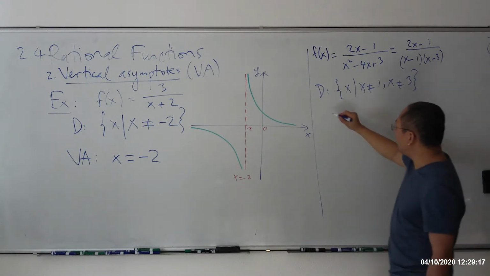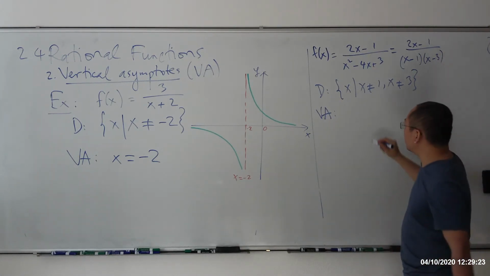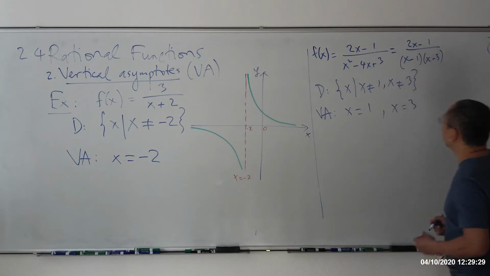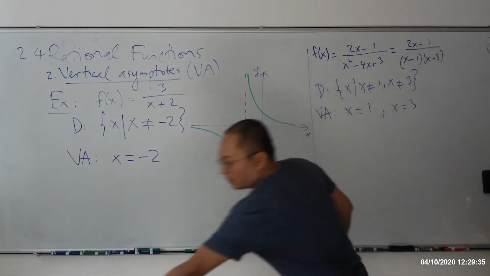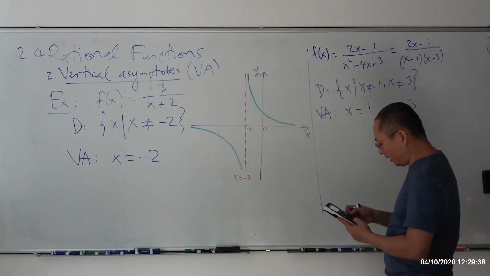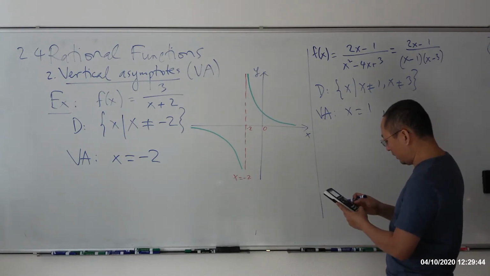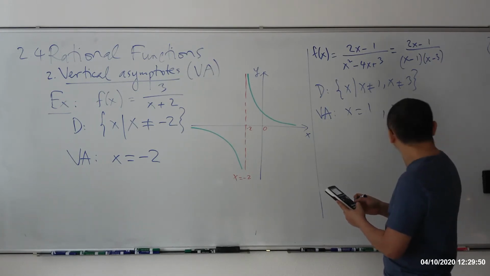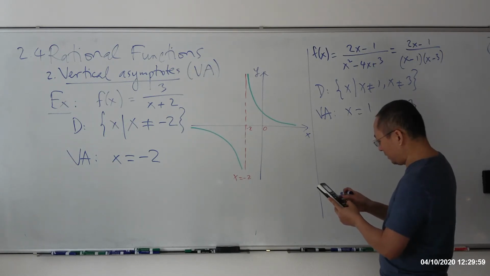Okay? Now let's talk about the vertical asymptote. This graph is going to have two vertical asymptotes, and they are x equal to 1 and x equal to 3. Alright? Let's sketch the graph of this one, and make sure that I get it right. Let me start by graphing on my calculator first. Y equal to 2x minus 1, over x squared minus 4x plus 3.